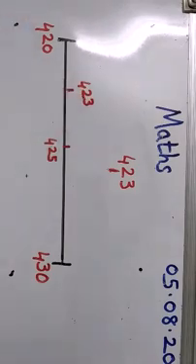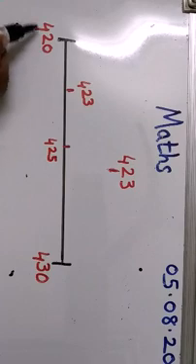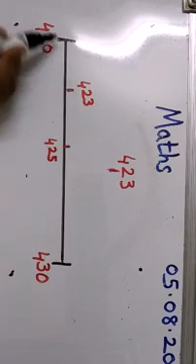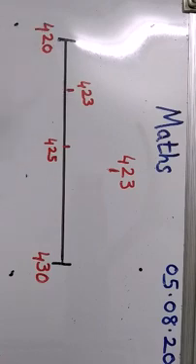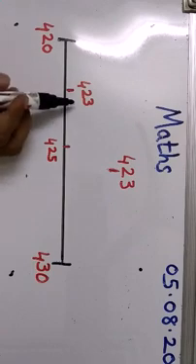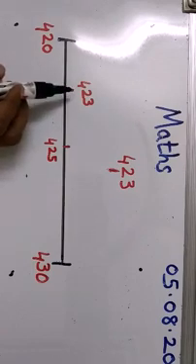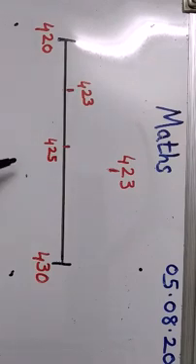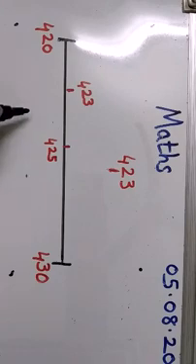423 will be somewhere over here. So can I say 423 is more towards 420? It is moving to the left side. So if my number is 423, when I am rounding this number to the nearest 10, it will be 420.